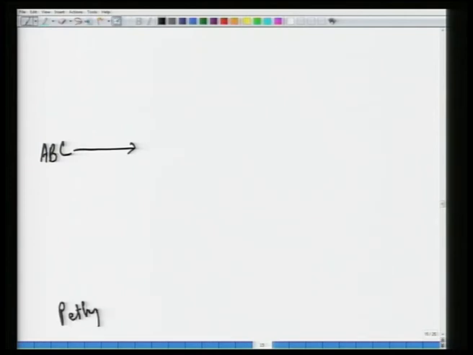I may be wrong in terms of the nomenclature, but there is some name associated with this sequence. What we do here is, you have a prefractionator. What the prefractionator does is split ABC into AB going up the top, and BC. So the light key and the heavy key is B.